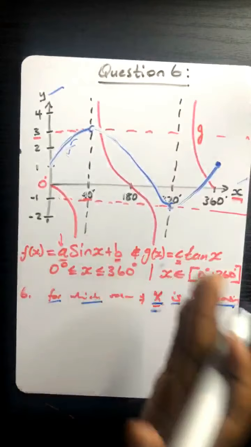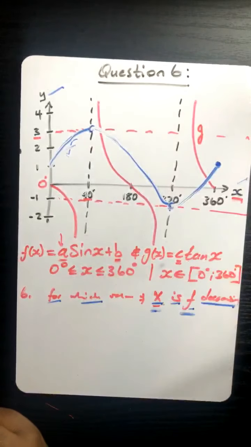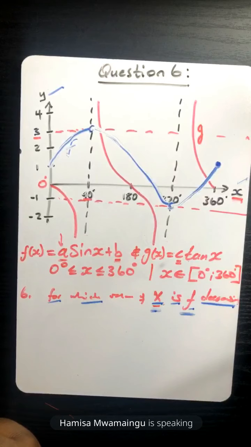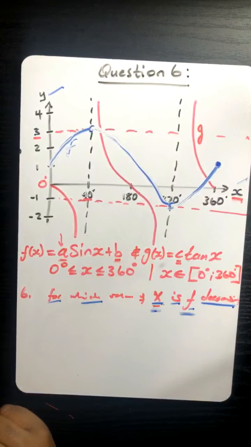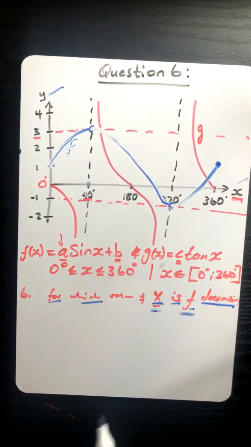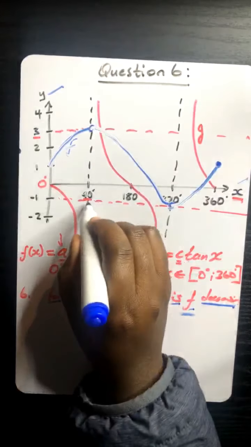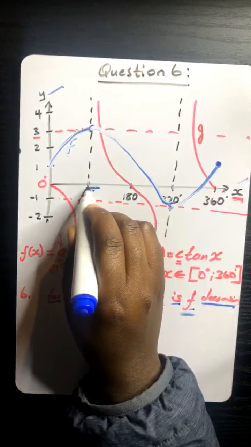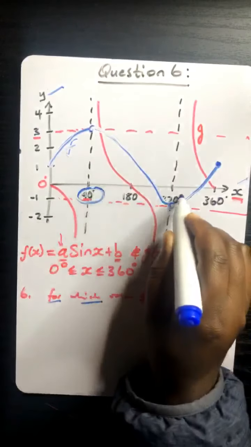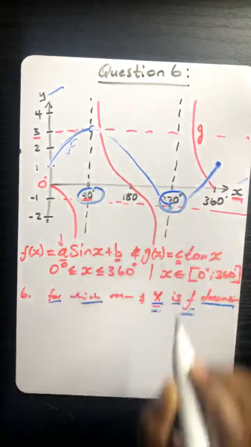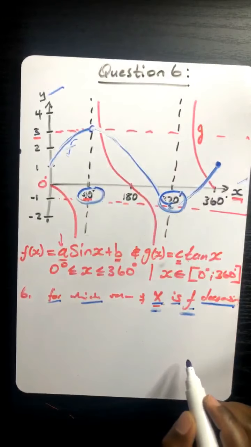At which X values is that decreasing? Oh, sir, it's from 90 degrees to 270. 100%. So it's decreasing between 90 and 270 degrees.